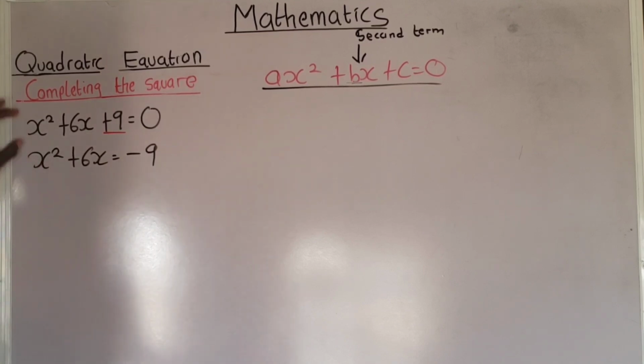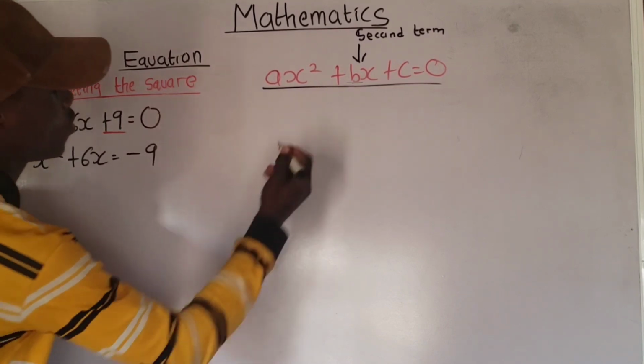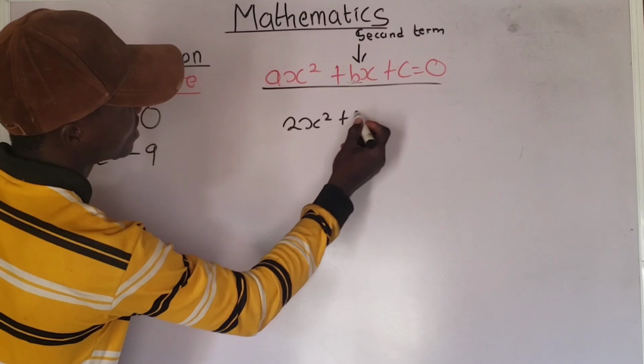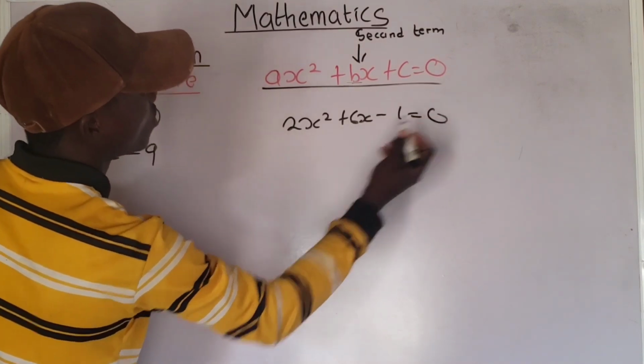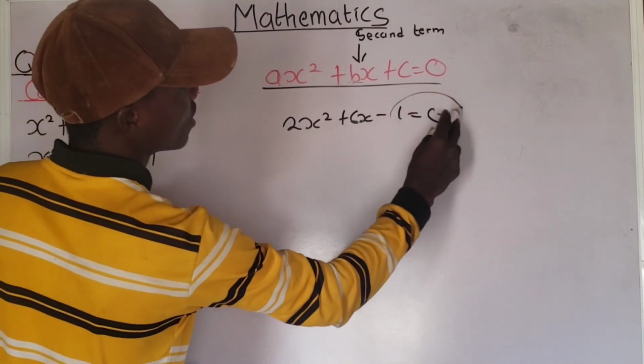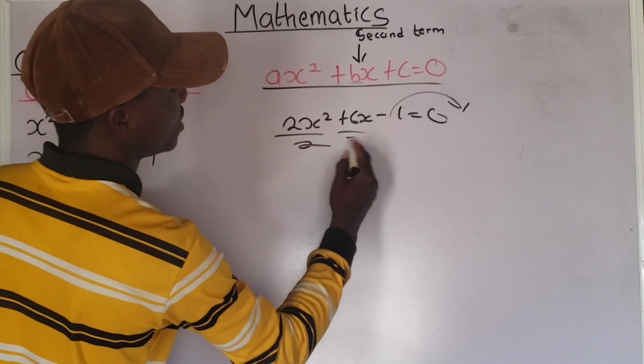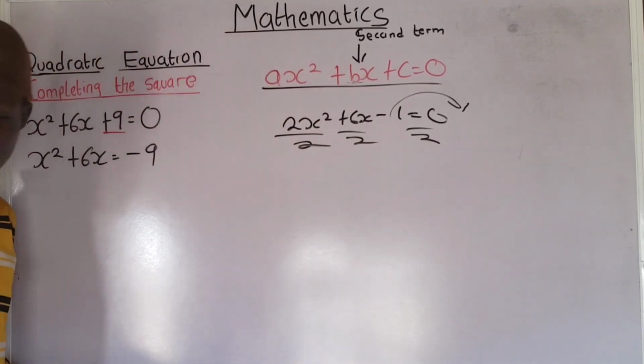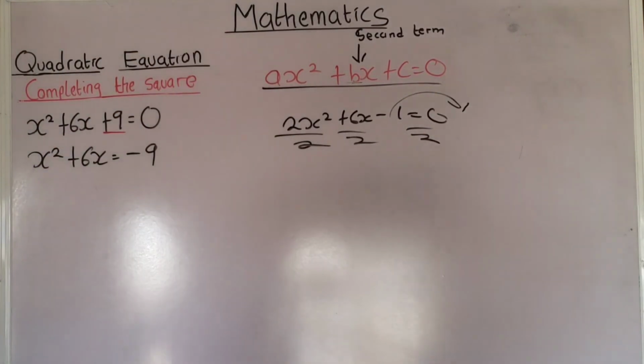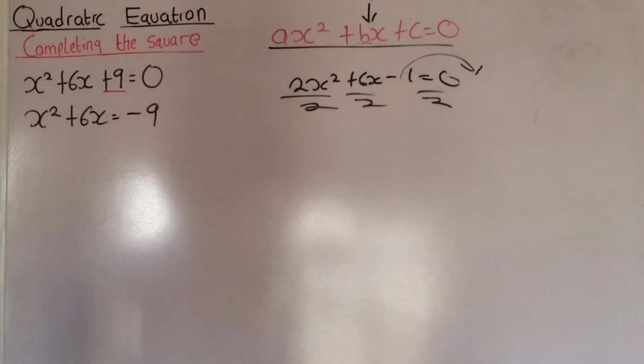If I have something like 2x squared plus 6x minus 1 equals 0, I'm going to first move the constant to the other side of the equation, then divide by 2. But in this quadratic equation, there is no need for us to do that because the coefficient of x squared is unity, which is 1. So let us proceed.